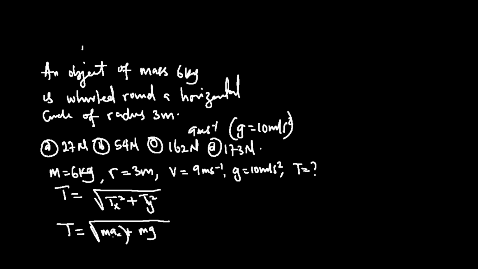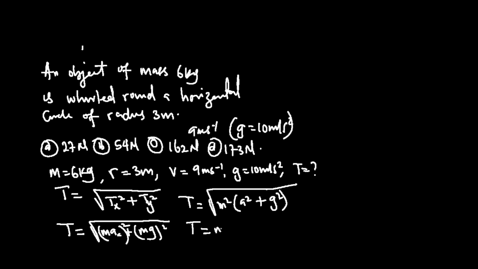So this one is squared, this one is also squared, and that result will be equal to the square root of m squared a squared plus g squared. The square root of m squared is m. You have that T is equal to m times the square root of a squared plus g squared.